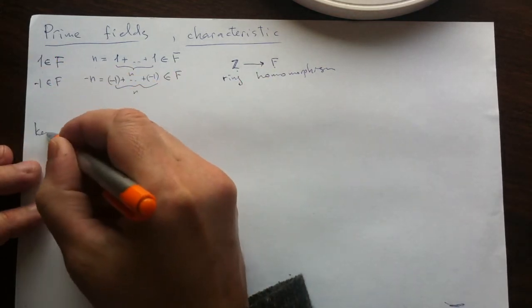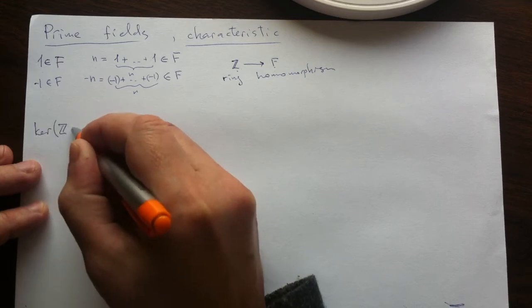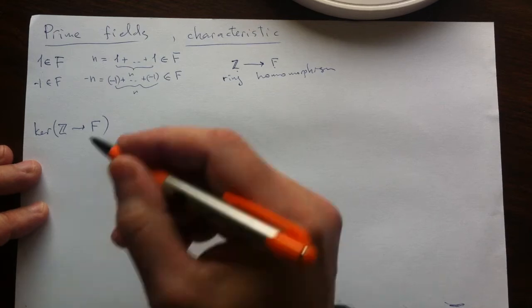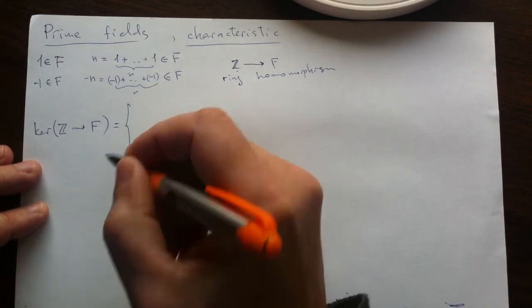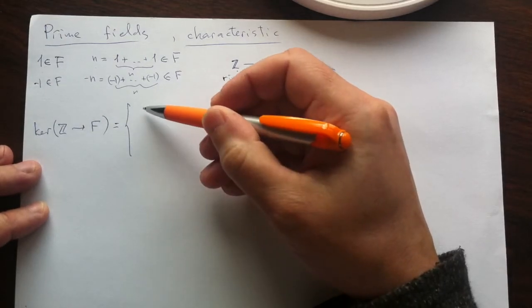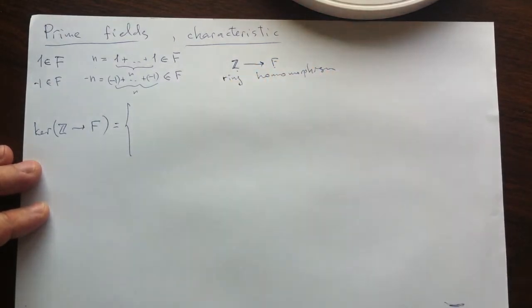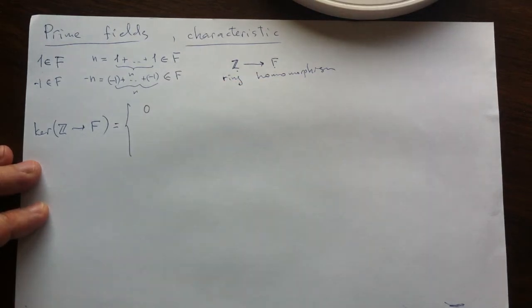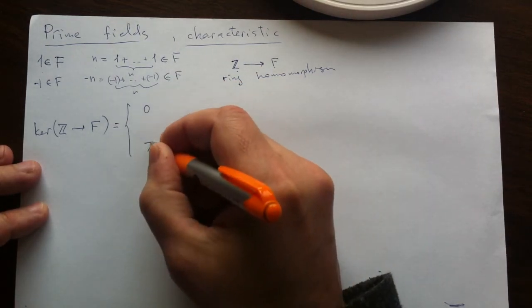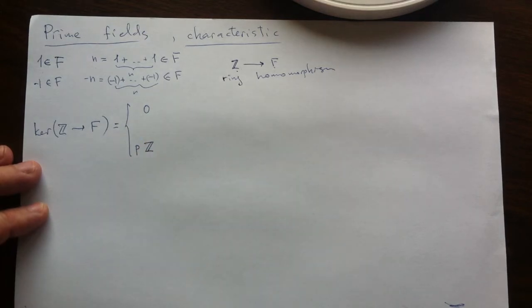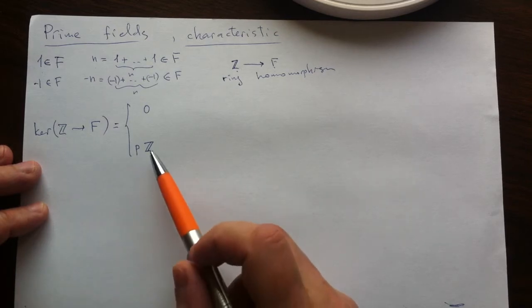The kernel of this homomorphism will be an ideal in the ring of integers, and we know these ideals pretty well. They are principal, but I want to distinguish between two drastically different situations: the kernel is 0 and the kernel is non-zero. If it is non-zero, it's a principal ideal generated by a single element. I will call it P. I will justify my choice for this name in a second.